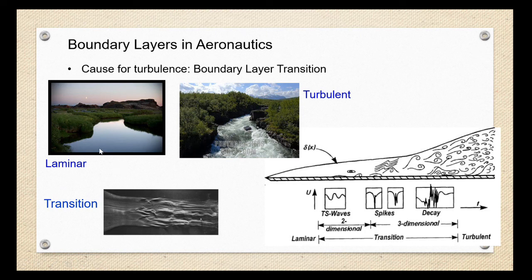And a process by which a laminar flow becomes turbulent is called transition. So this is the schematic of a boundary layer, which is first laminar, then it becomes transitional, and then becomes turbulent. So this is a fully turbulent boundary layer here.